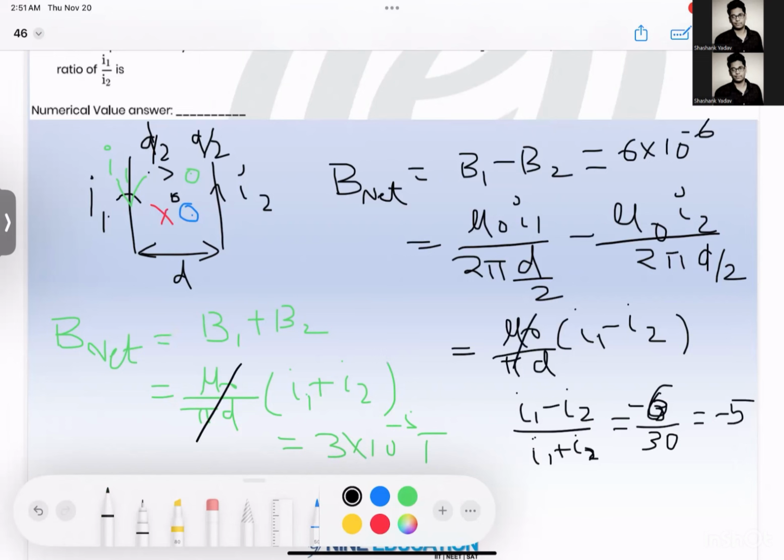If you solve for I1 by I2 in this equation, you will get I1 by I2 is equal to 3 by 2. Therefore, the answer is 1.5. If you round it off, the actual answer is going to be 2.